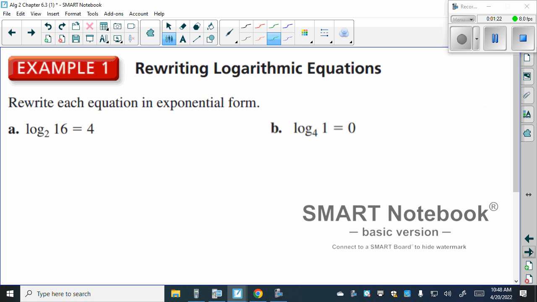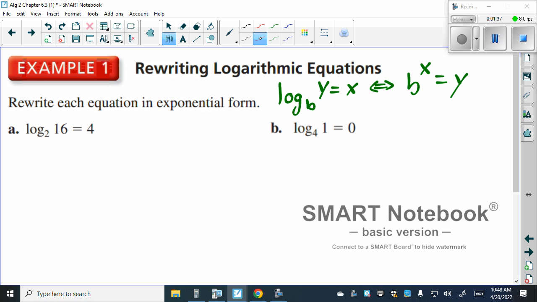When we look at these first few here, we want to rewrite from logarithmic, log base b of y equals x, into exponential, so b to the x is equal to y.